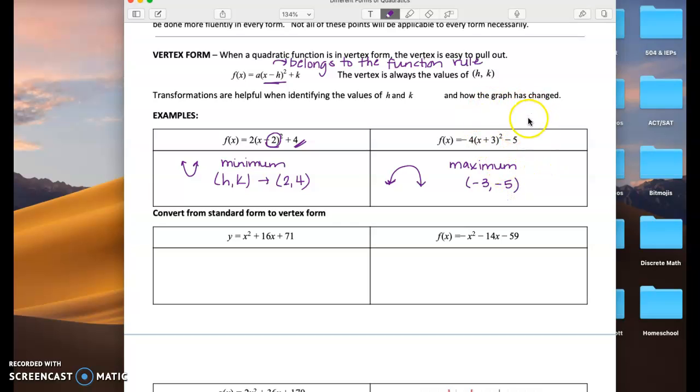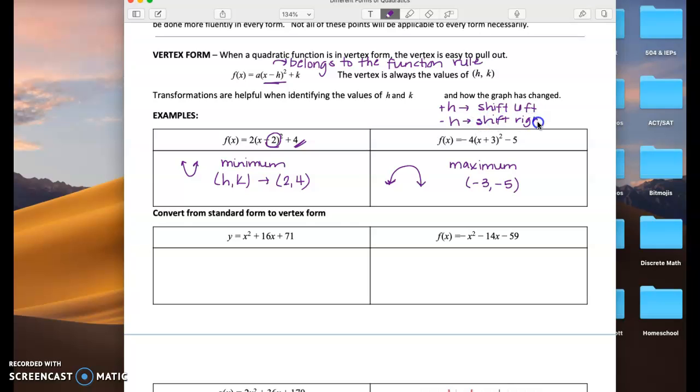So again, if you have a positive h value, that means that your graph has been shifted to the left. If you have a negative h value, that means your graph has been shifted to the right.